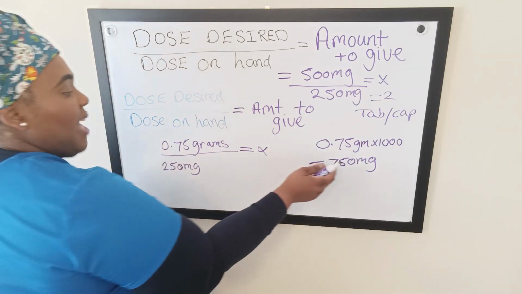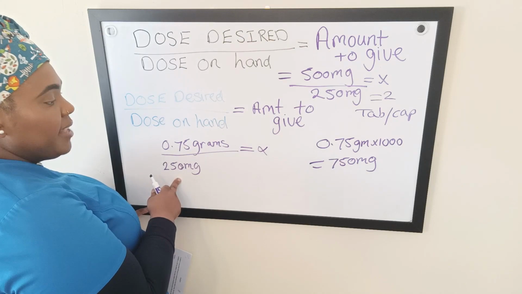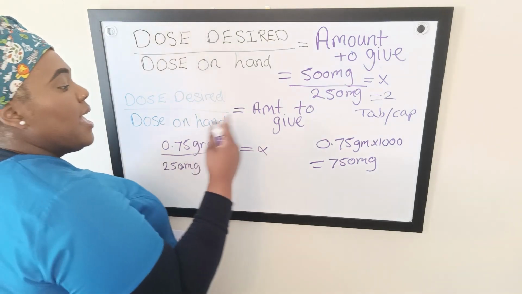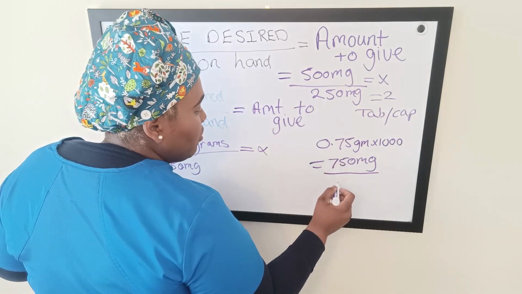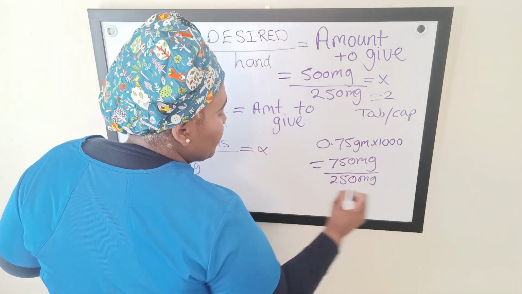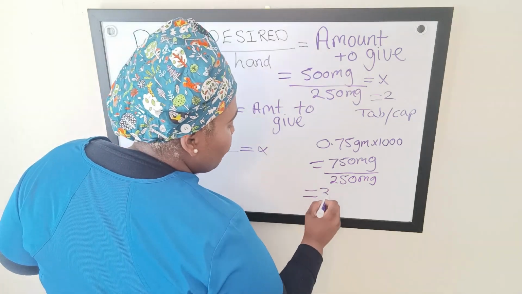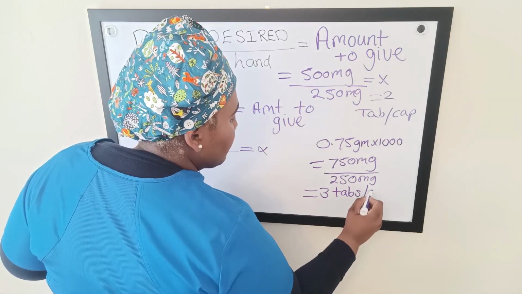So now our desired dose is 750 milligrams. Our dose on hand is 250 milligrams. And to figure out X, we divide the desired amount by the dose on hand, which is 250 milligrams, equal to 3 tabs or capsules.